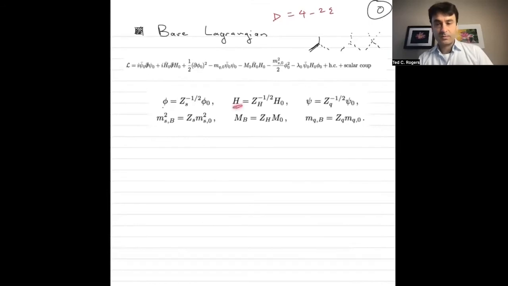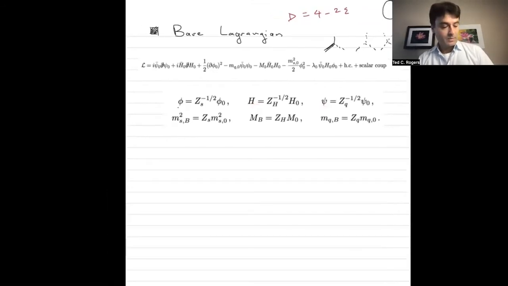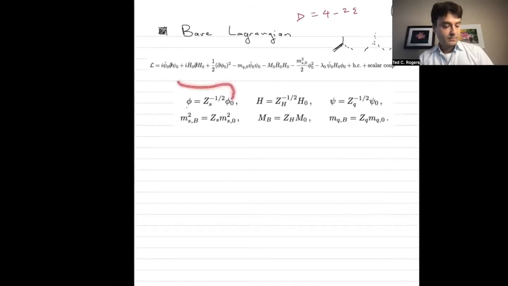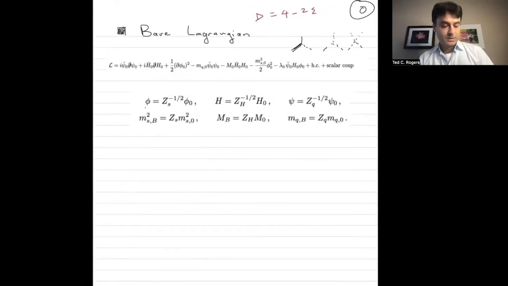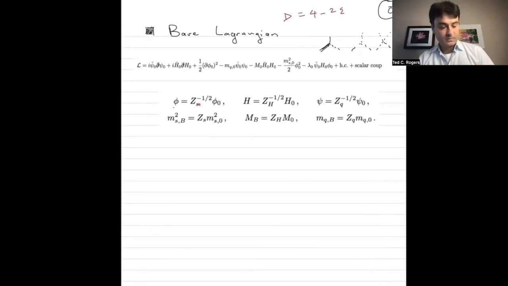Similarly for the two fermion fields. And that means that when we substitute phi, say right here, and h0 here, and psi 0 over here, we end up with just overall factors of z_s, z_h, and z_q for those terms. And of course, we have these subscripts so that they match with the particular field that we're looking at.